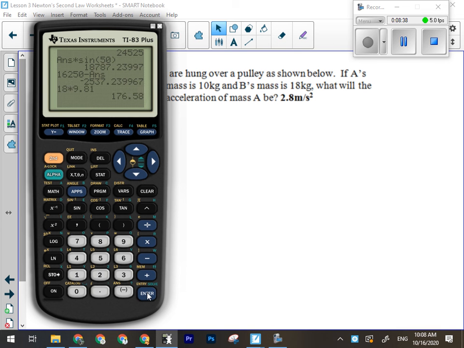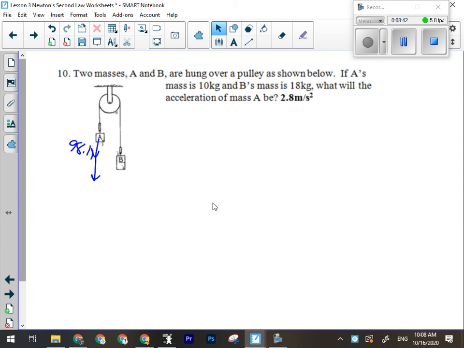So the force acting on it is 176.58 newtons. Sorry, newtons, not kilograms. Okay, so now I've got those two forces there.